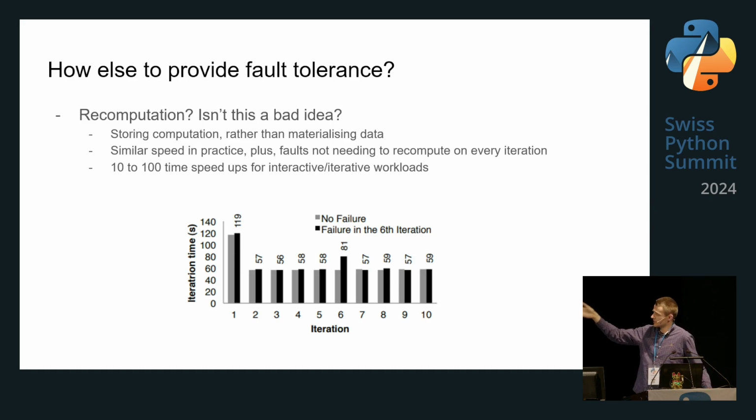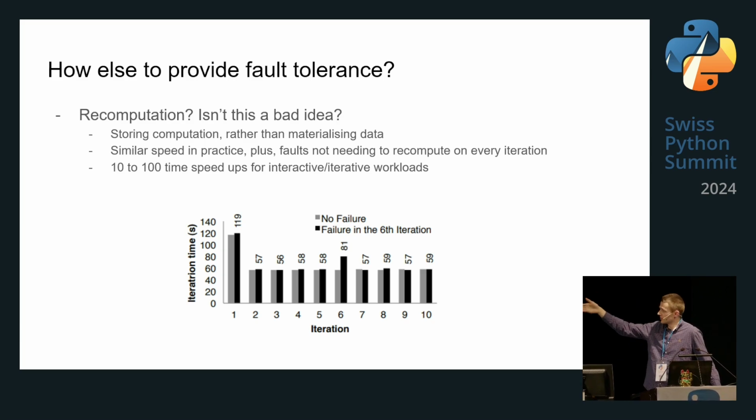For the first iteration, you're still reading from stable storage, so that one's a bit slower. But for following iterations, you're not having to read from disk and write to disk, so those are a lot quicker. And even when there is a failure, if you're just having to recompute one partition of the data, it's actually not that much slower.